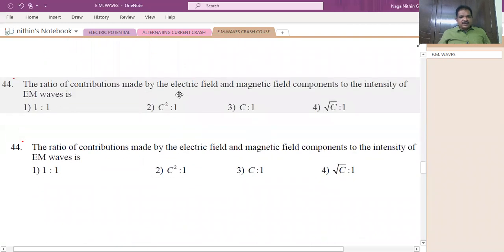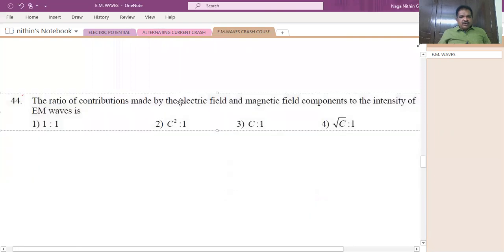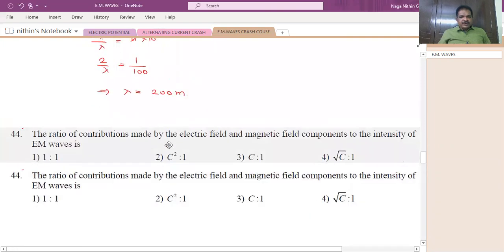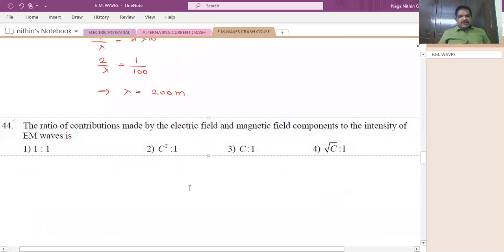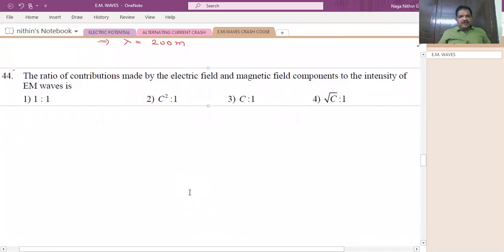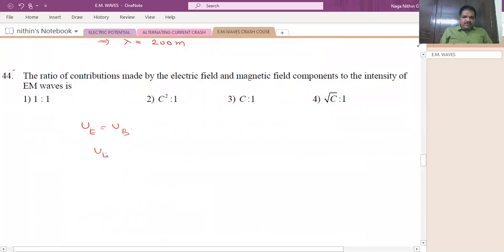See the next question. The ratio of contributions made by the electric field and magnetic field components in the intensity of an electromagnetic wave: both contributions will be equal. So energy created by the magnetic field and energy created by the electric field will be equal.